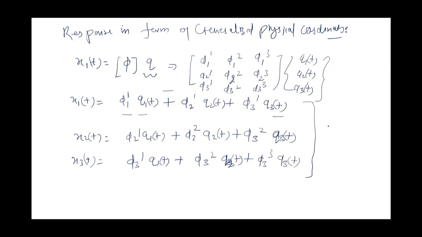So this is the response in the form of generalized physical coordinates. This is how we can solve a multi-degree of freedom system with viscous damping when it is excited by an external harmonic force. So this is the complete procedure.